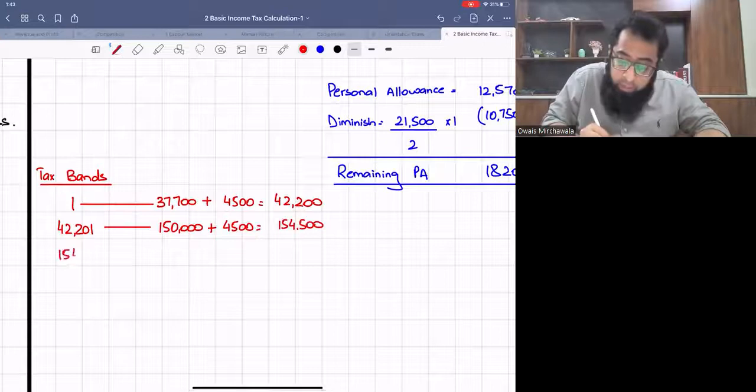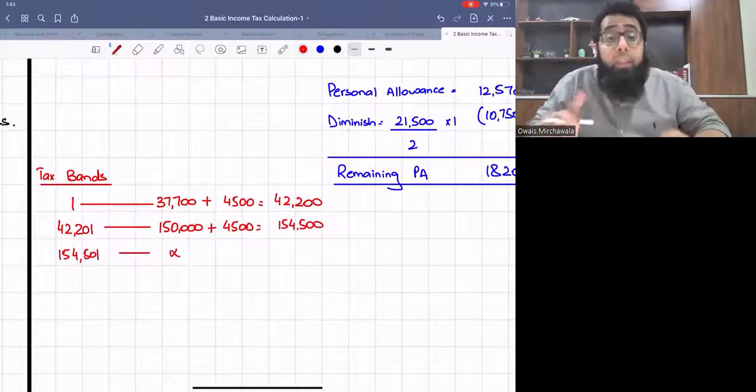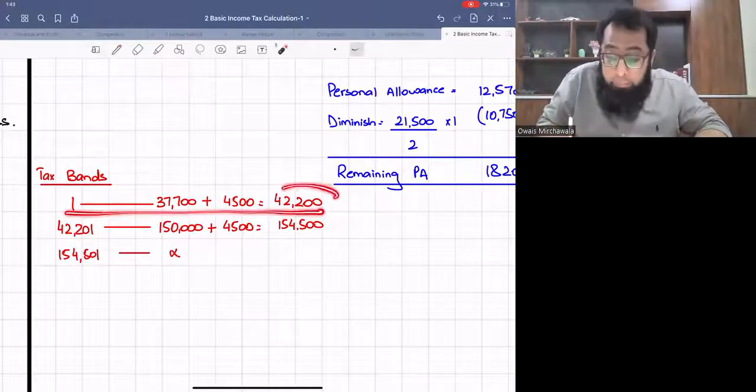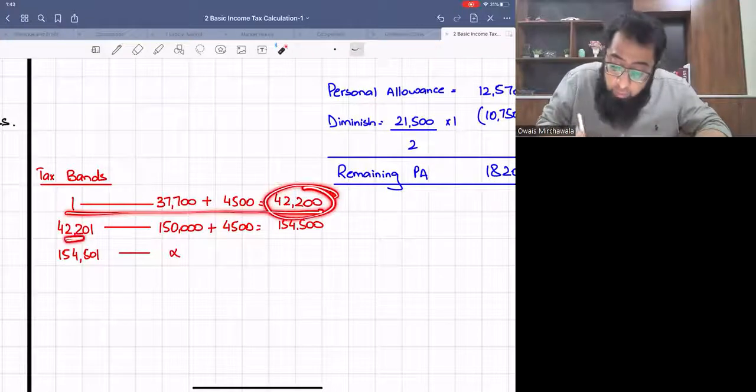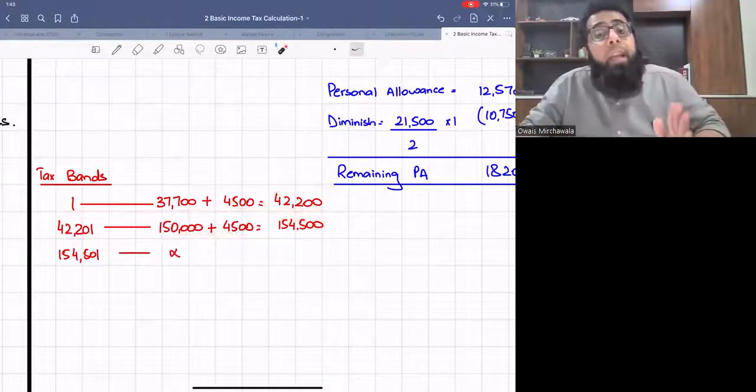So the second and third bands are getting pushed. They are not extended. The extended one is only the first one. The rest of the bands are just getting pushed. They started late, so they ended late.